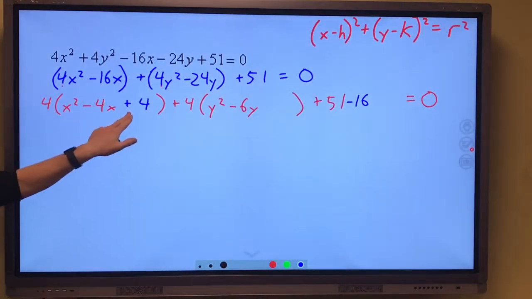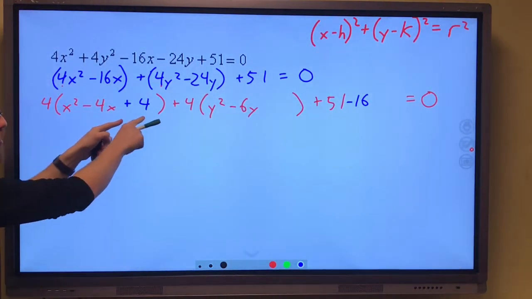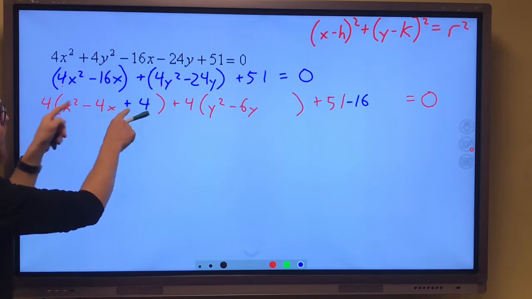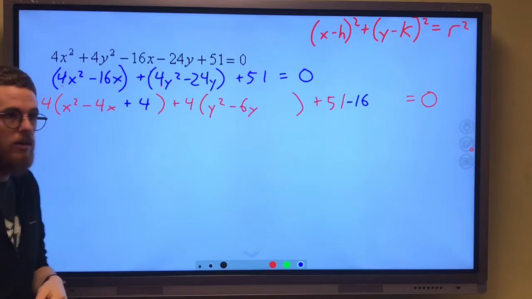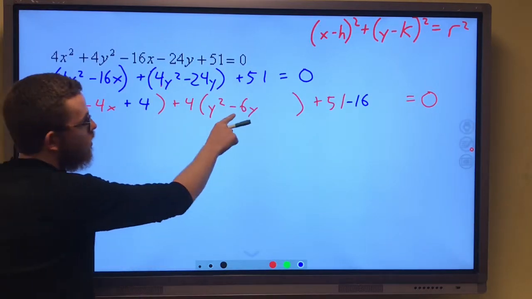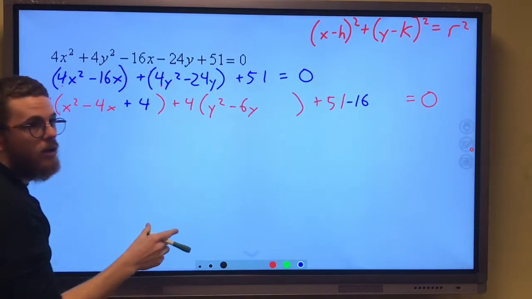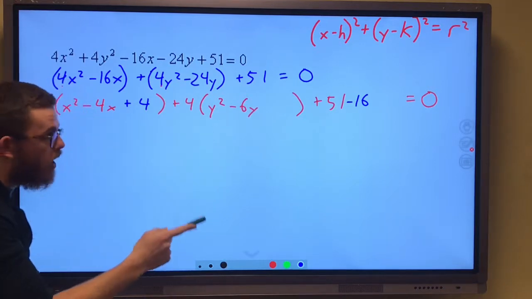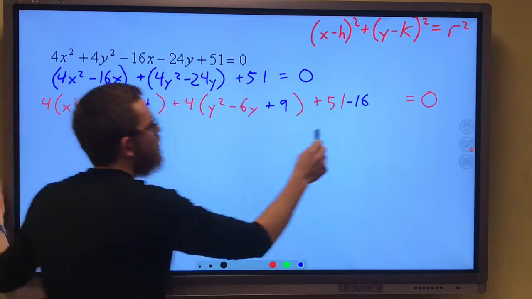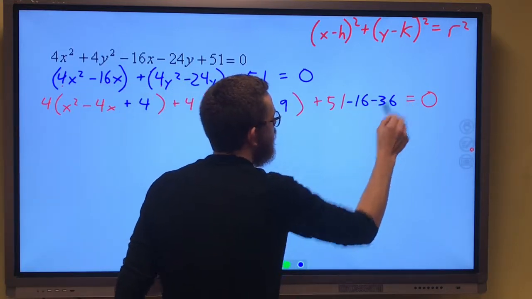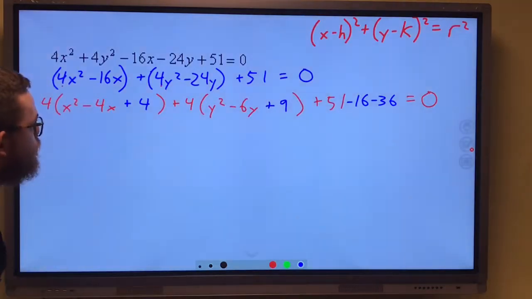Because essentially I just added a 16 to my problem, so I need to subtract a 16. We do that same thing here. Take the coefficient in front of my y, cut it in half, square it next, that gives me a 9. Multiply it times 4 means I need to subtract 36 from the outside.